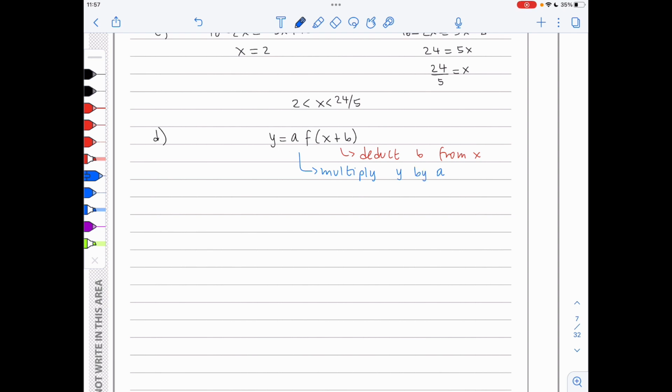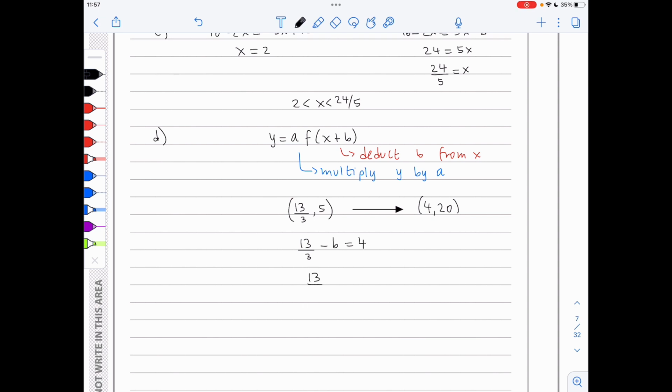We know that the original graph had a vertex at (13/3, 5), and now according to the question, the new vertex is found at (4, 20). So we deducted b from 13/3 to give us a result of 4. So 13/3 minus b is 4.